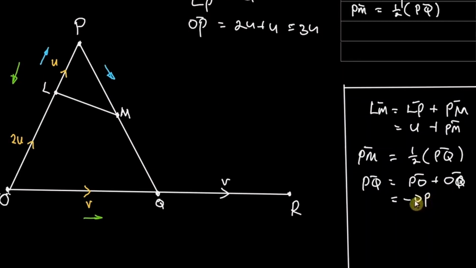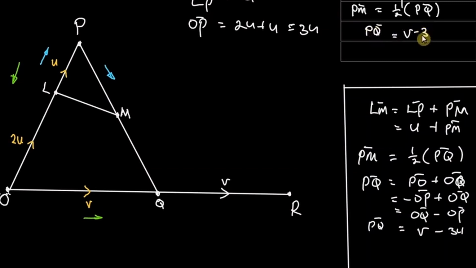So we could write it as the inverse vector O to P plus O to Q. We could rearrange and write it as O to Q minus the vector O to P. And we do have vectors, because OQ is the vector going from O to Q, which is v, and O to P is the vector 3u. So it's v minus 3u. That's your vector PQ. So let's write this here. PQ is equal to v minus 3u.